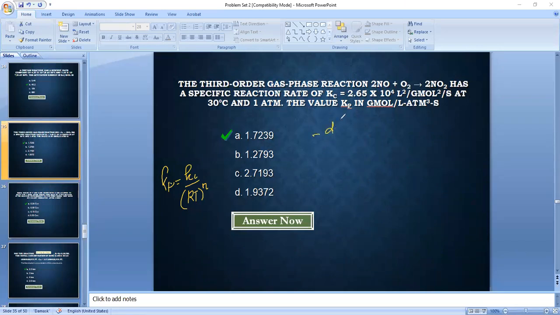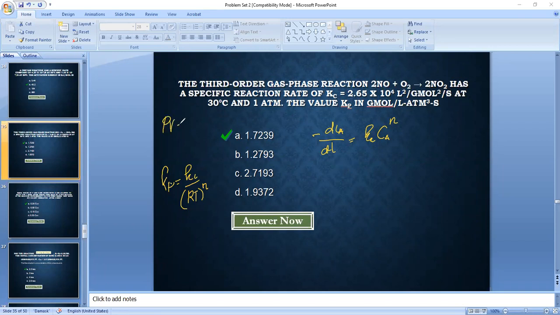Let's say you're given dCA dt equal to K sub C, C sub A, let's say this is raised to n. And we would like to express this rate in terms of partial pressure. So I'm expecting that this one will be converted to dPA dt. How am I going to do that?